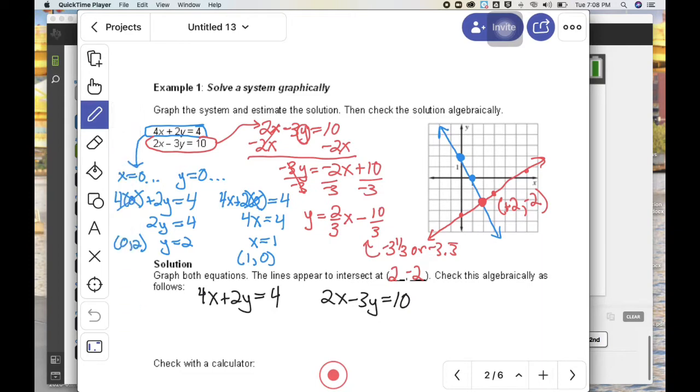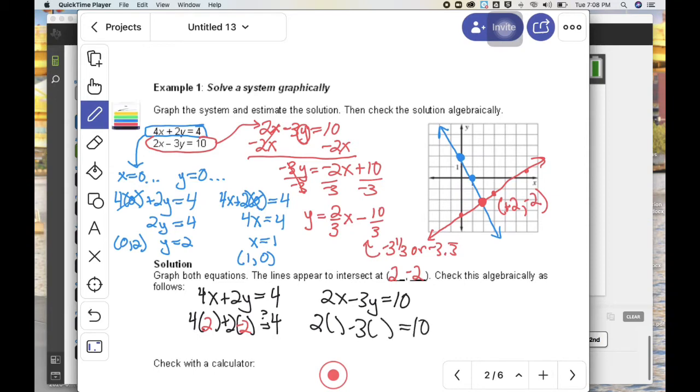So I'm going to do 4 times blank plus 2 times blank and see if that equals 4. And in those blanks, I have an x value of 2 and a y value of negative 2. Do the same thing over here. 2 times blank minus 3 times blank equals 10.